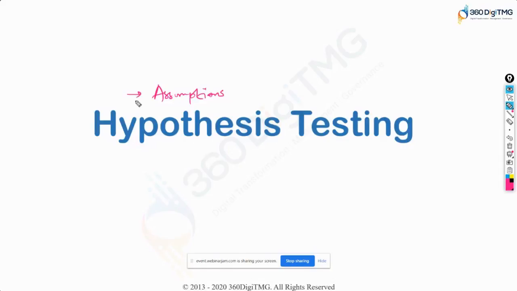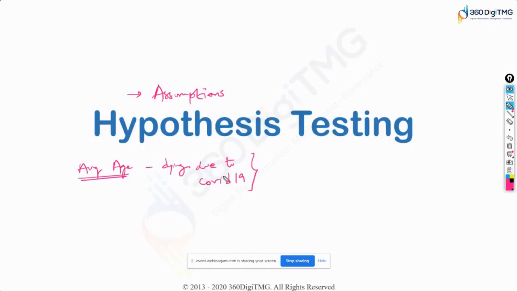So assumptions, any business problem that you are given, we would generally make assumptions first, and we are trying to solve those assumptions. For example, I'll take the same case, average age of patients who are dying due to COVID-19. So you're making some assumptions here.